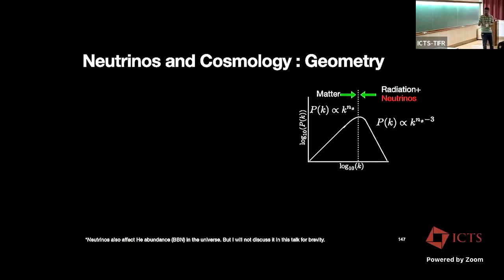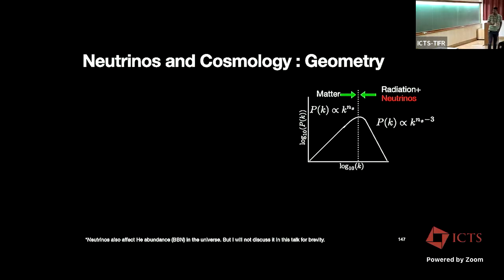Then you get to a stage where there's a turnover in the matter power spectrum, and this scale is representative of matter-radiation equality. Which means if I have more matter in the universe, this scale gets pushed towards smaller scales. If I have more radiation in the universe, the scale gets pushed towards the left.